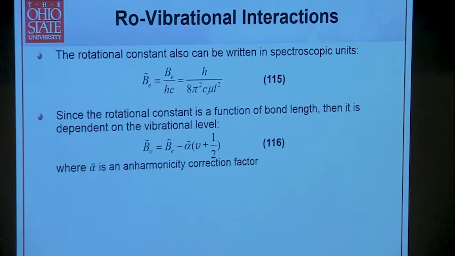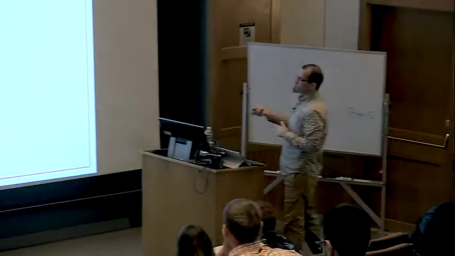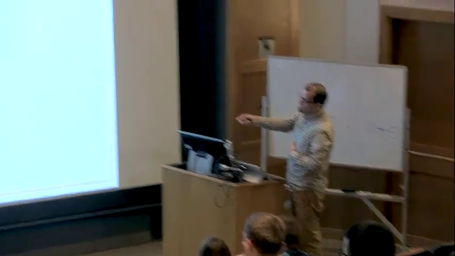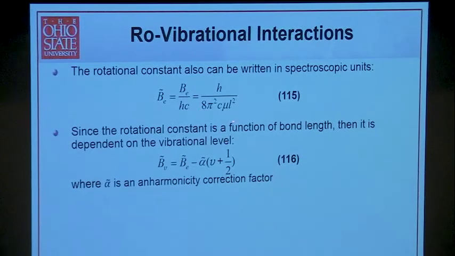That's where I'm coming back to, where I had that blurb that said we explicitly assume, to do our rotational treatment, that we have this fixed bond length, but our vibrational model showed that this is not quite the case, right? So what we do is we correct and say that at each vibrational level, we have a different rotational constant, which comes from known constants, Planck's constant, and geometric terms of the two masses.